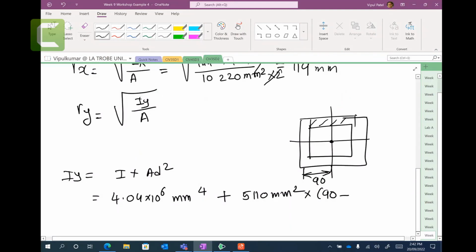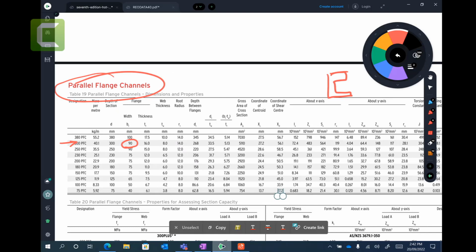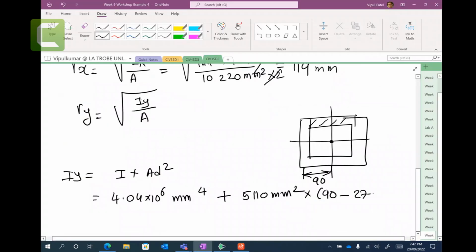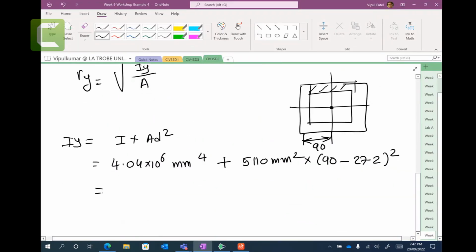Take away your centroid 27.2. I can show it to you here as well. That is your coordinate of the centroid, 27.2, squared. So if you just use the calculator, 4.04 times 10 to the power 6 plus 5110 times 90 take away 27.2 squared, you get 24.19 times 10 to the power 6 millimeter power 4.